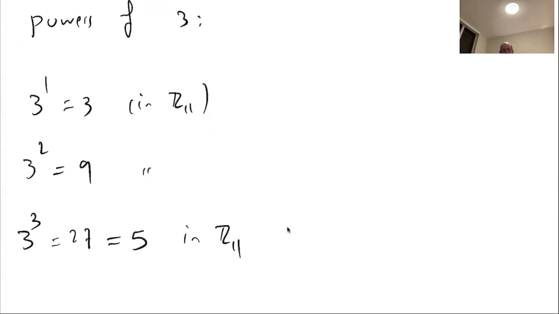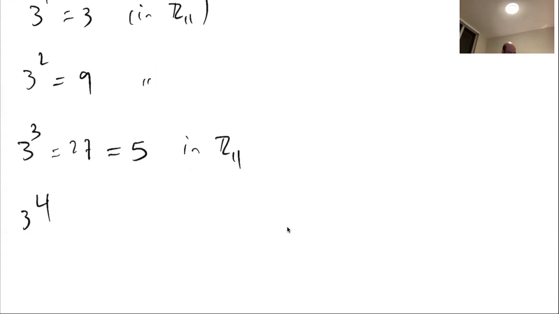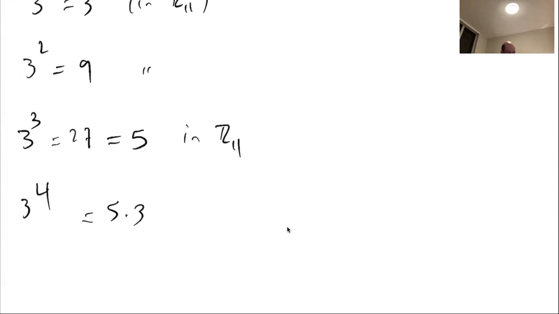So 27 is the same as 5 in Z11. What about 3 to the power 4? So that's going to be 5 times 3, because 3 to the power 3 is the same as 5. So 3 to the power 4 is the same as 5 times 3, which is 15. And 15 is the same as 4.